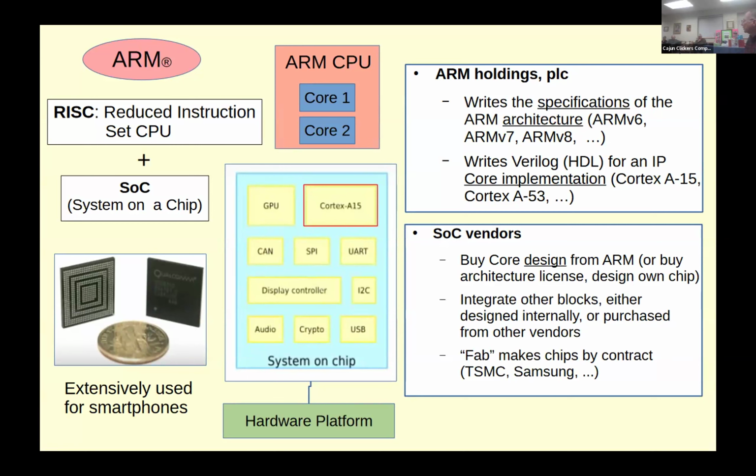Besides licensing you the right to use the language, they will also give you a blueprint called a hardware description, in the Verilog language, and you can go out and build one yourself. They've already figured out one, and you can buy from them. So the people that sell the chips have a choice.